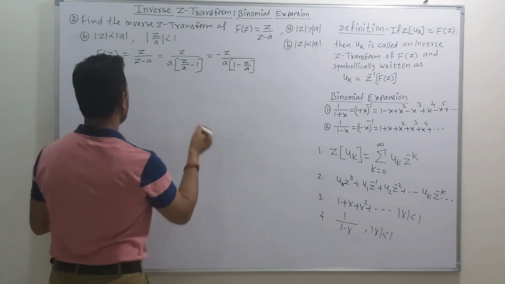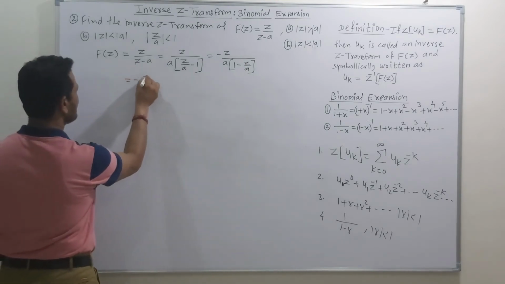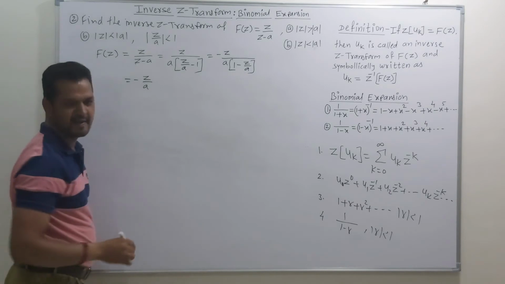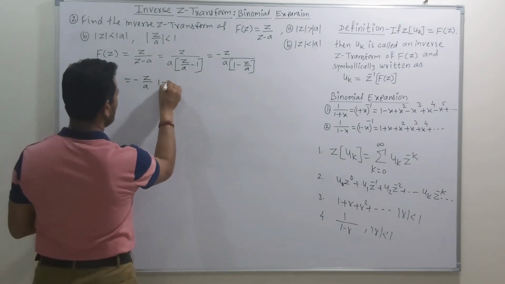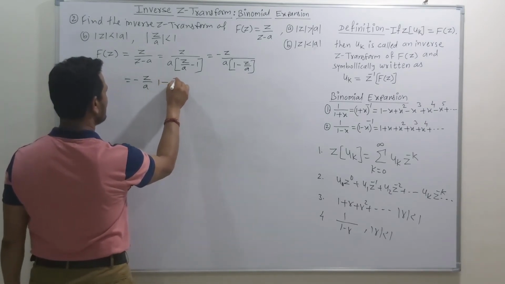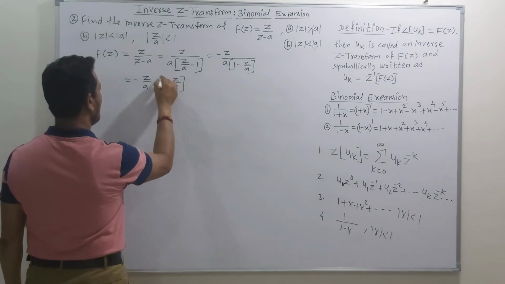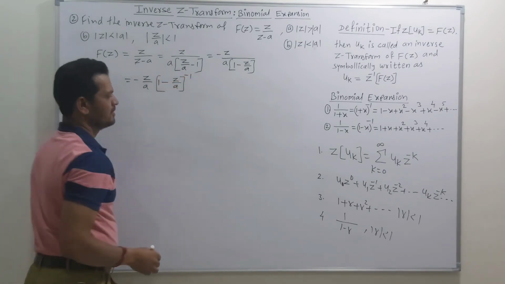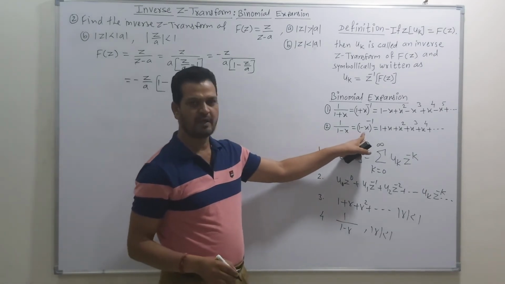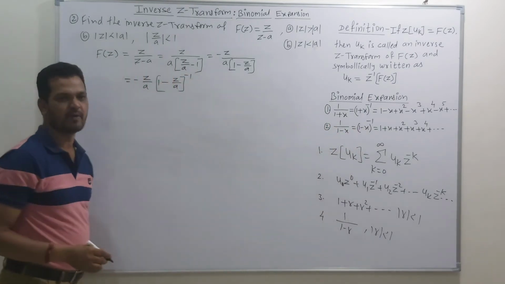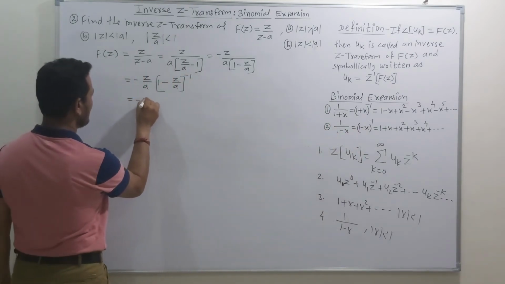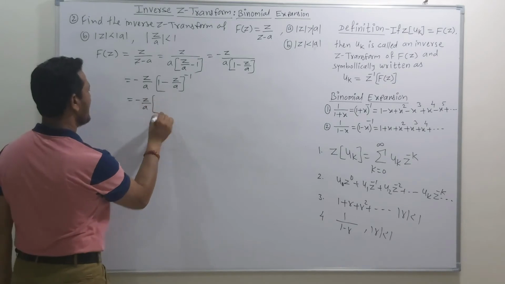Simplifying, we get minus z upon a as it is, and then 1 minus z upon a raised to minus 1. According to the standard formula, the value of x is z upon a.